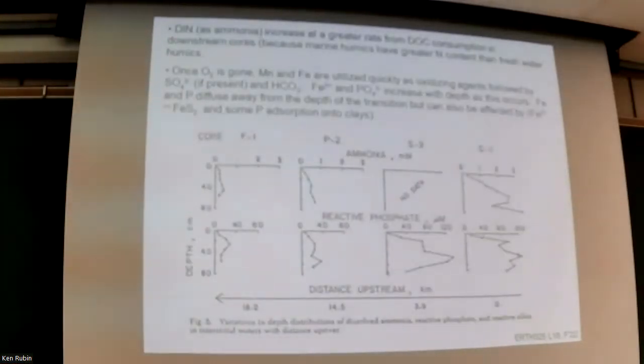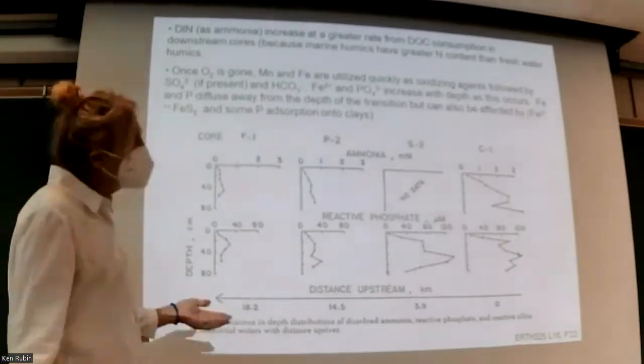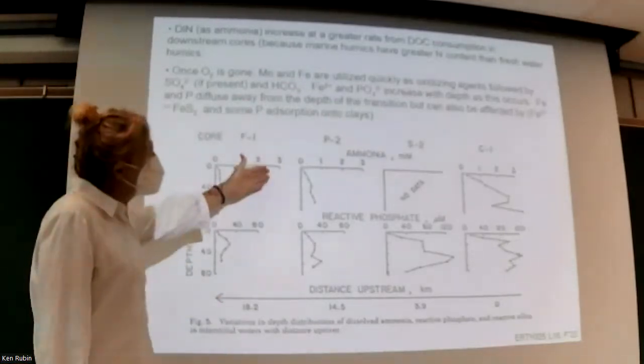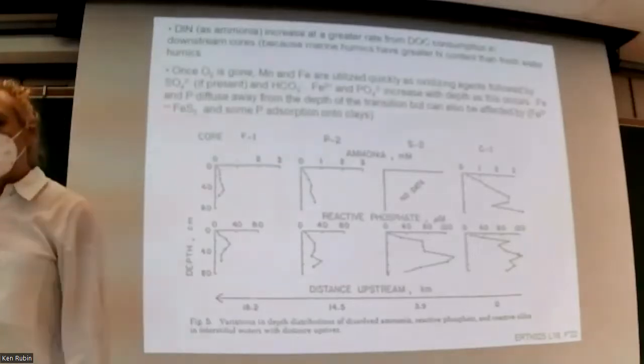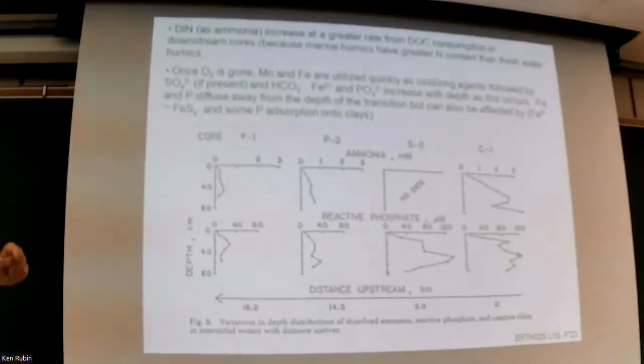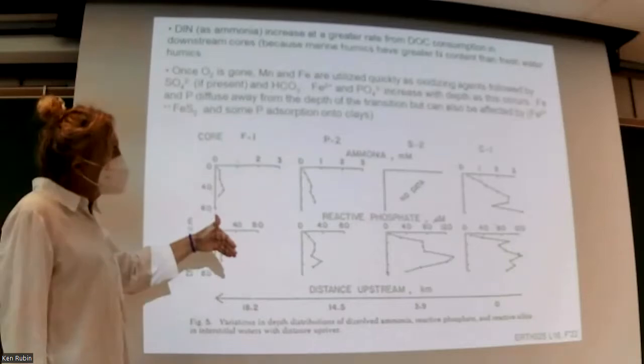Now, in this diagram, we have the two nutrient elements, nitrogen as ammonia and phosphorus as reactive phosphorus, which just means the forms of phosphate that are not stuck onto particles. As we've talked about before, a lot of phosphorus sticks onto the particles. And again, we see the concentrations change a little bit. They increase with depth.